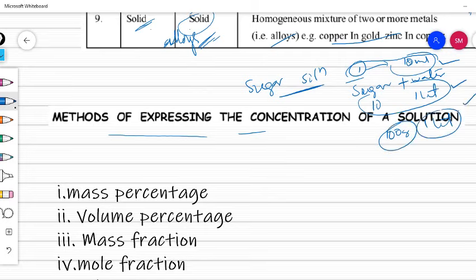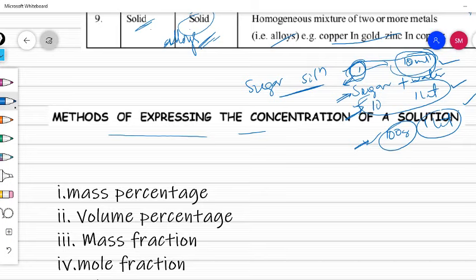But can you say sugar solution means only this or only this? It's not going to work. If this sugar solution has two components, that's fine, but you must express how much sugar is present in how much water, so that it can be specific and you can identify what kind of solution it is.